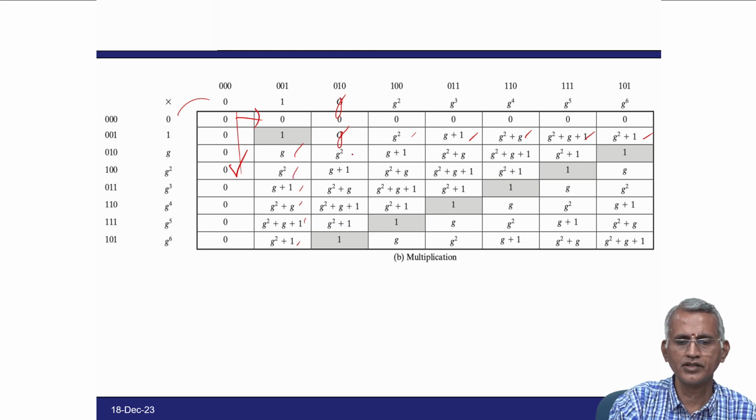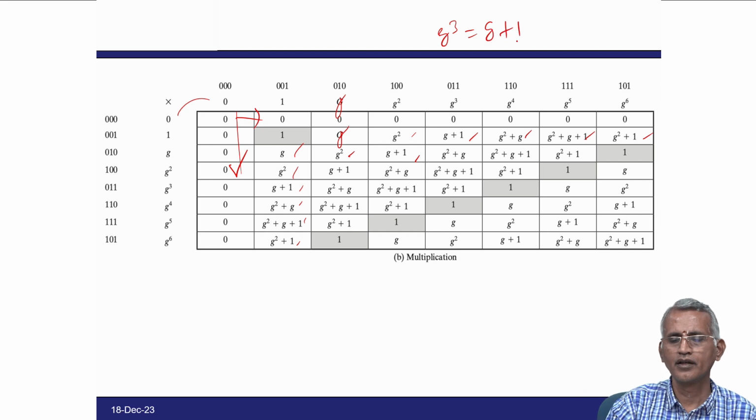Now, here g into g is g square, and g into g square is g cube, which is nothing but g plus 1, and based on this structure we can do the rest of them. g into g cube is g power 4, which represents g square plus g, g into g power 4 is g power 5, and using this you can get the table values.